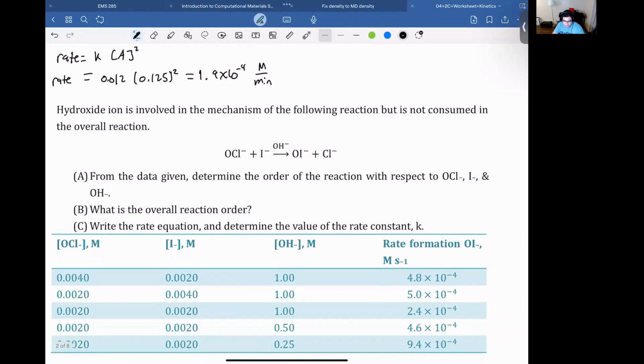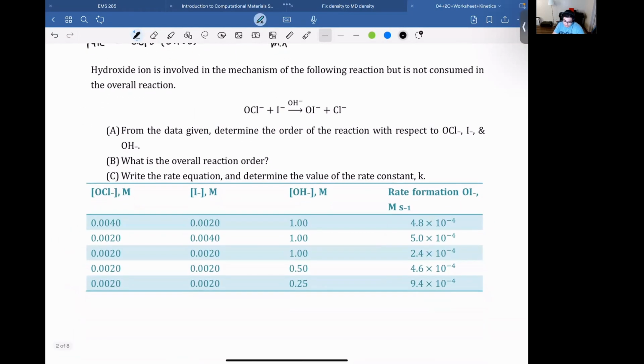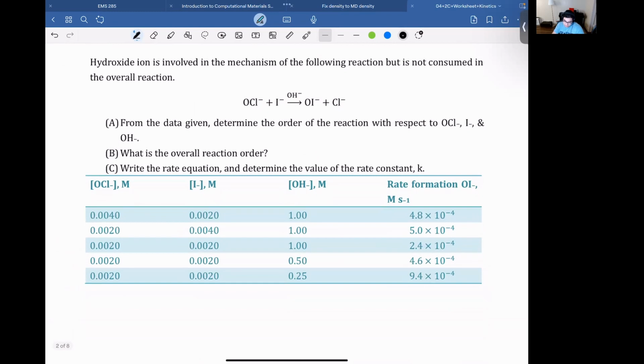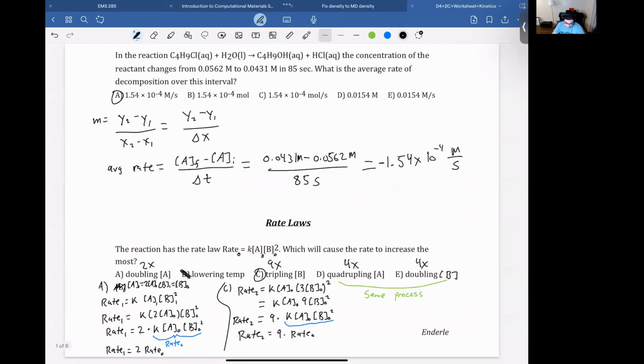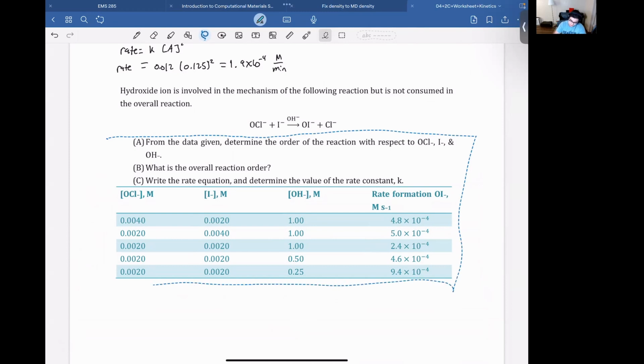Next, it says the hydroxide ion is involved in the mechanism of the following reaction, but is not consumed in the overall reaction. I'm actually going to copy paste this onto another page because this is too long and there's not enough space.